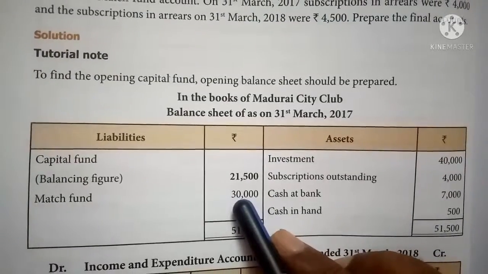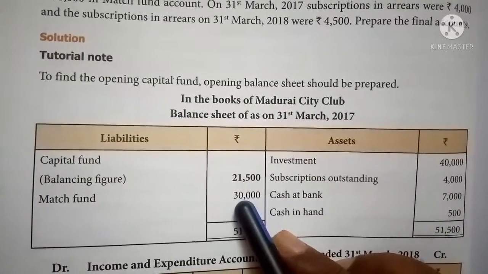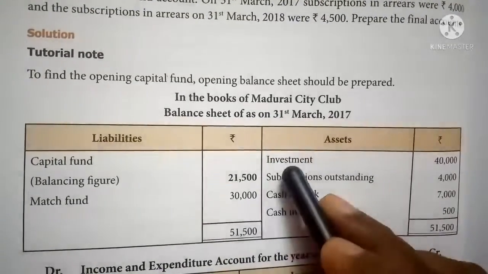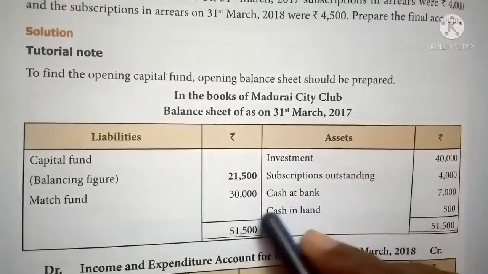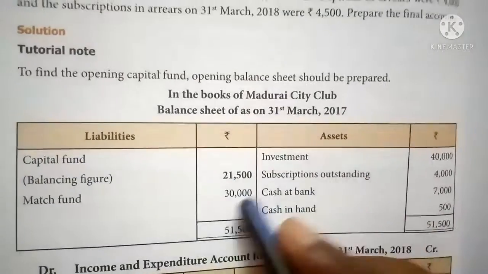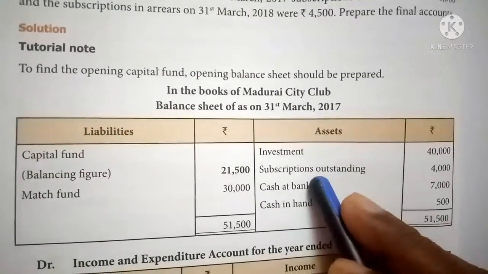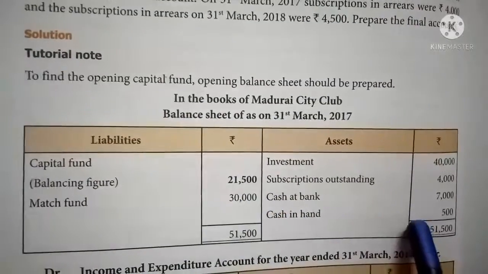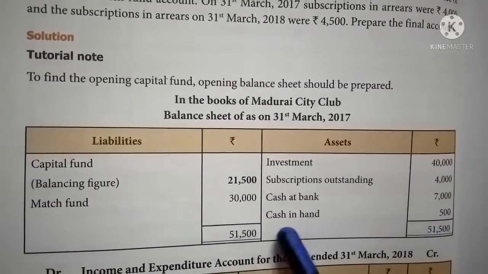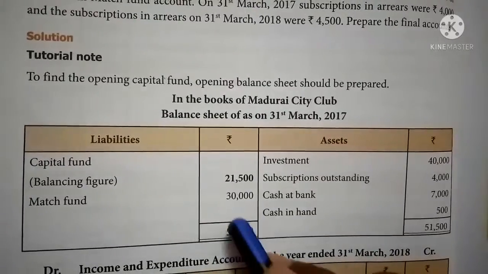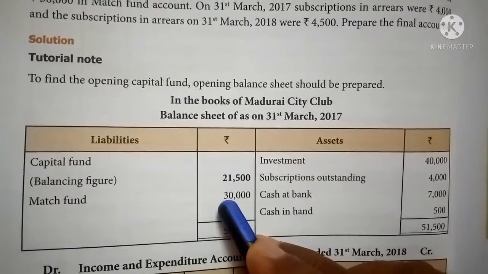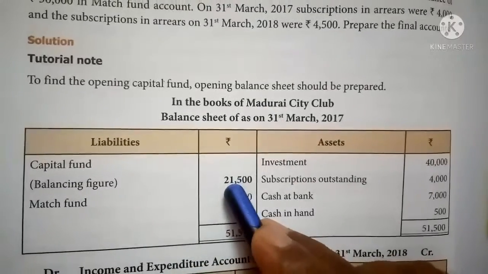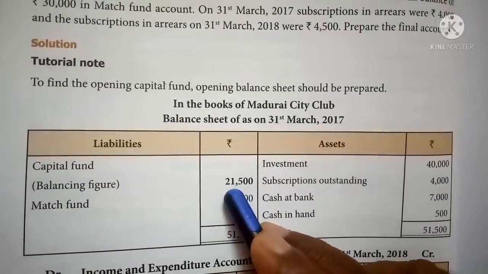Match fund is also given in the sum itself, opening match fund 30,000. After writing these five amounts, 4 assets and 1 liability, balance the asset and liability; the balance will come on the liability side. The total value of the assets is 51,500. From that 51,500 you subtract the match fund opening balance 30,000. So the balance is 21,500. It is the capital fund.